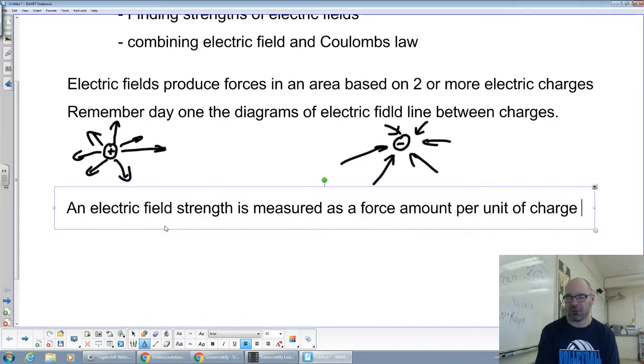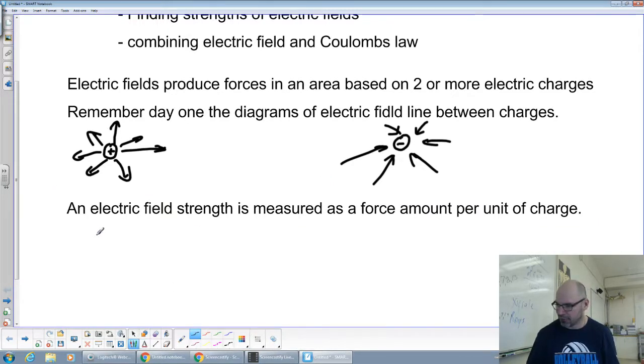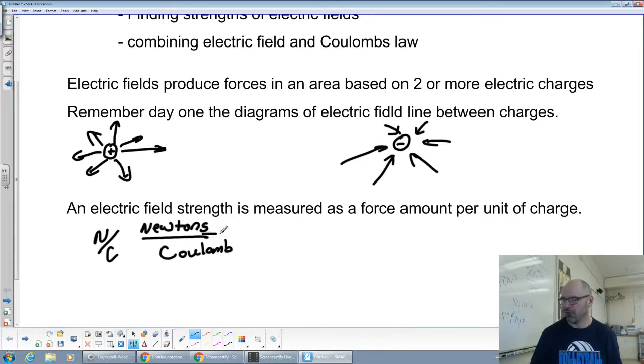So the unit that we're going to get is newtons per coulomb, because charge is measured in coulombs and force is measured in newtons. So we're going to have a newtons per coulomb rate. So how much force per unit of charge do you have? That's what a field strength gives us.